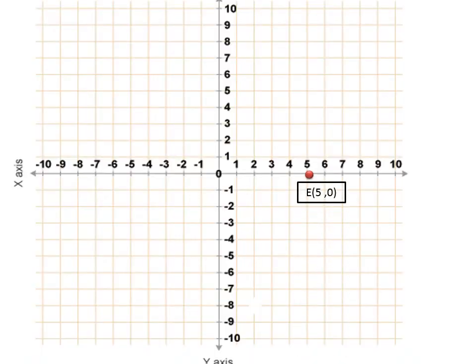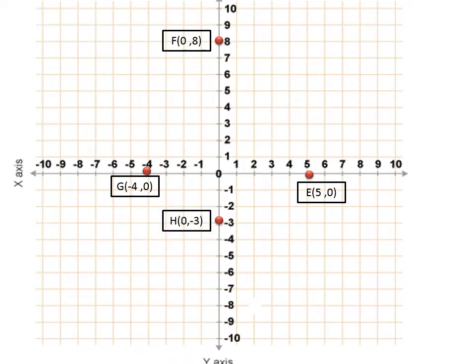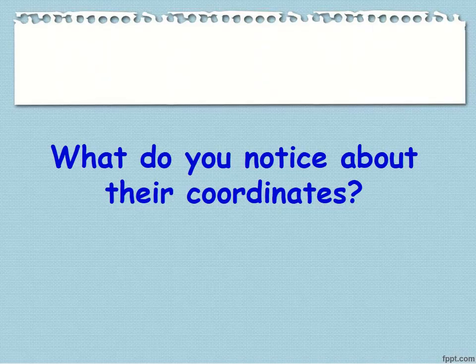Point E (5, 0), point F (0, 6), point G (-4, 0), and finally point H (0, -3). What do you notice about their coordinates?